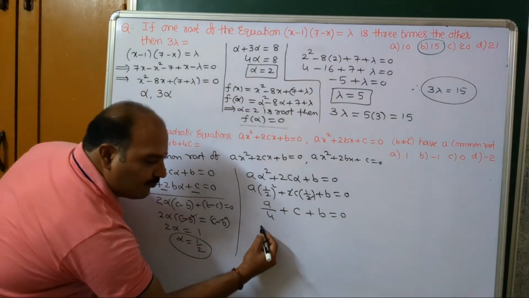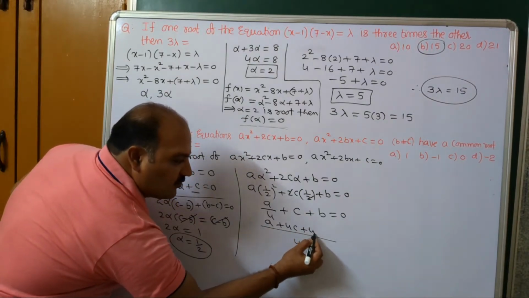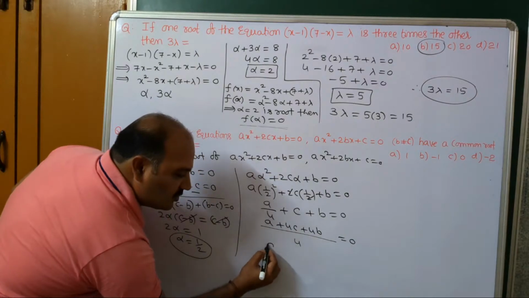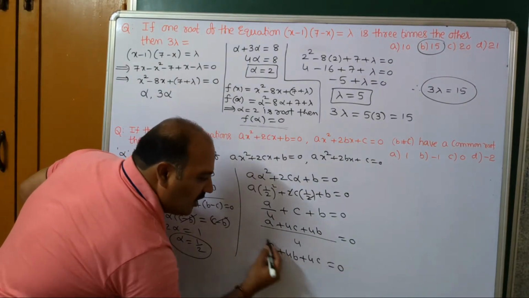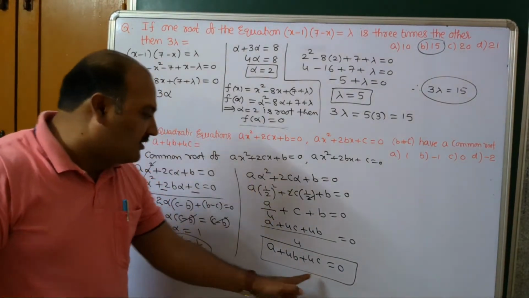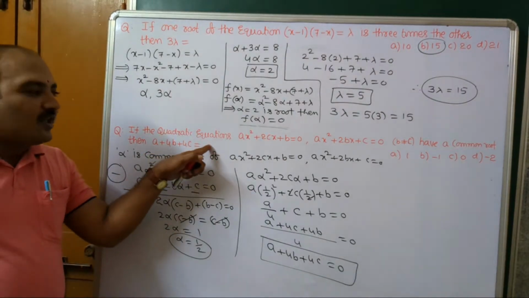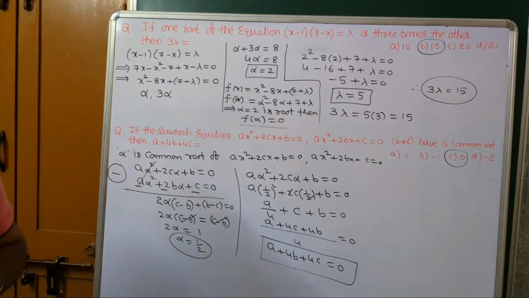Take LCM; 4 is the LCM. a plus 4c plus 4b equal to 0. So a plus 4b plus 4c equal to 0. Okay, dear students, the value of a plus 4b plus 4c is what they are asking. 0, we got it. So the third option is the right option. I hope you understand. I'll move on to another set of questions.